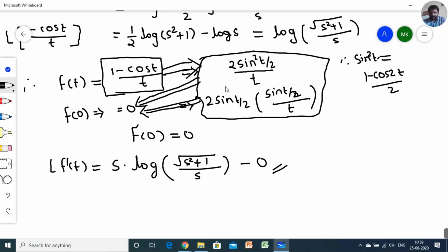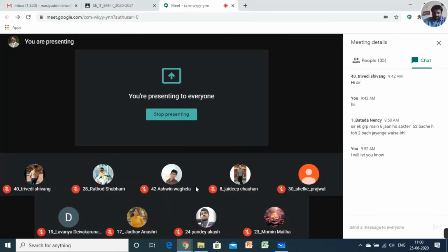I converted this part to sin t by 2, and if I substitute t equal to 0 here, the rest of the terms are by default 0, because 0 into anything is by default 0. If we substitute 0 everywhere, it would be 0 upon 0, which is not defined, but this part we can say is 0, and 0 into anything, or 0 into not defined, is also 0. Okay.